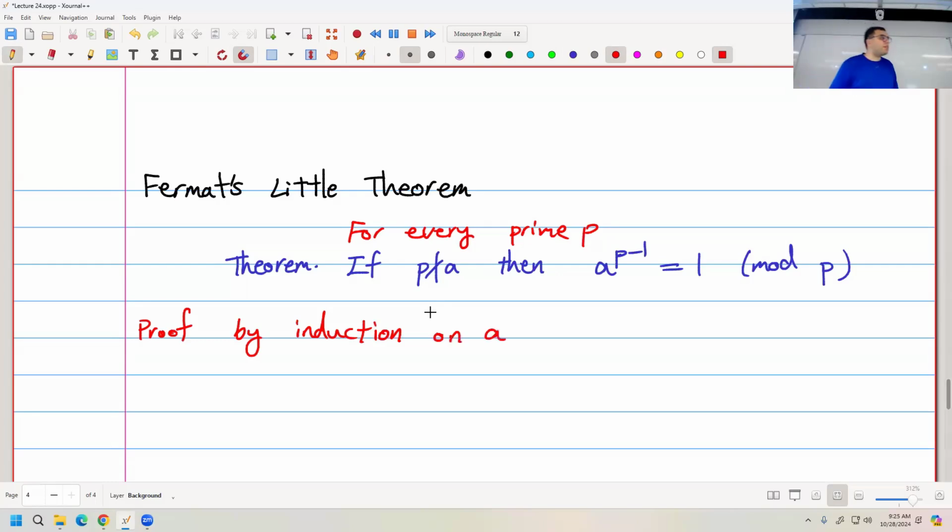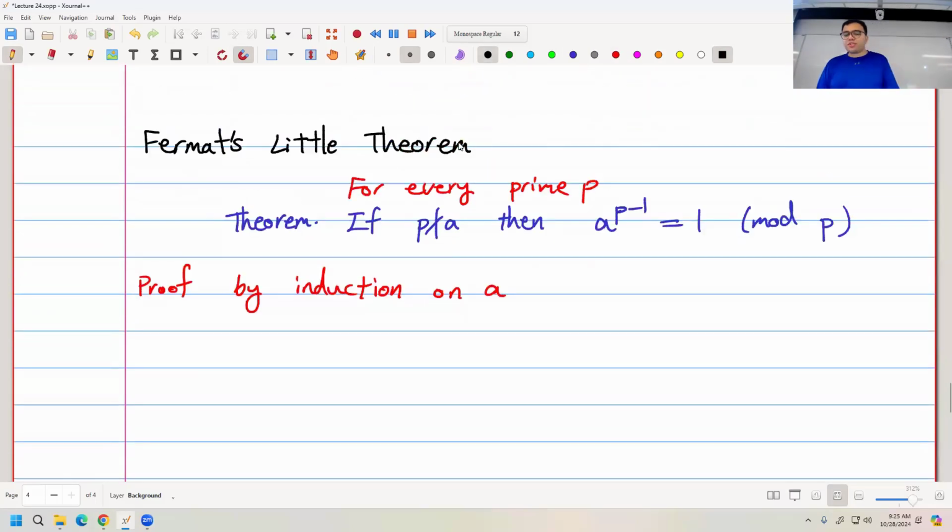First of all, you agree that I only have to prove this for A's that are between 0 and P minus 1, right? So I'm not really considering any other cases. But in any case, let's just prove it for every A. Let's say I'm doing proof by induction on A. I have to do a base case. And for your base case, you can choose 0 or 1. Let's just do both.